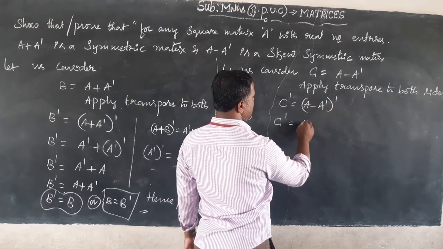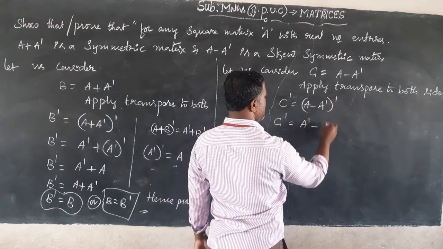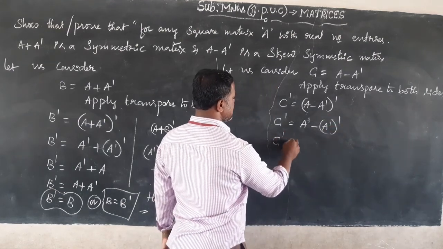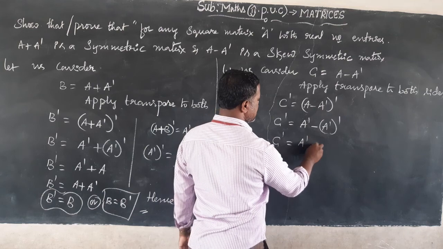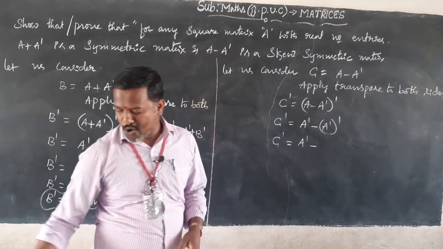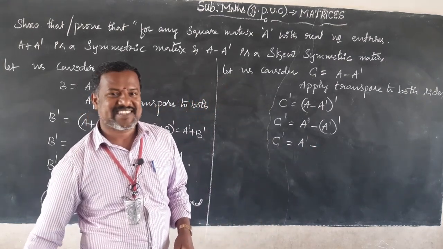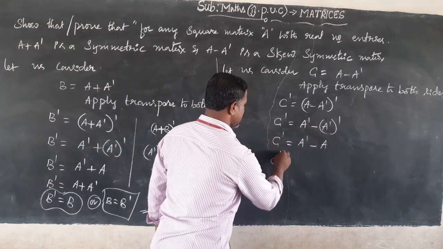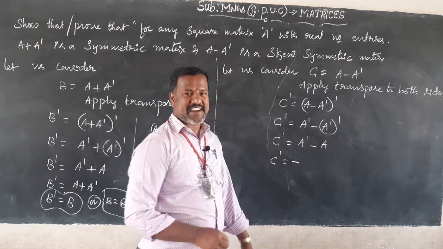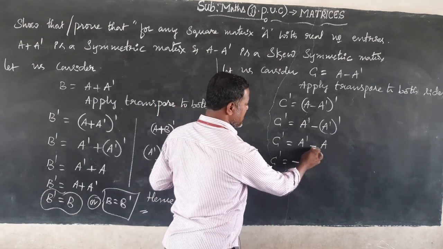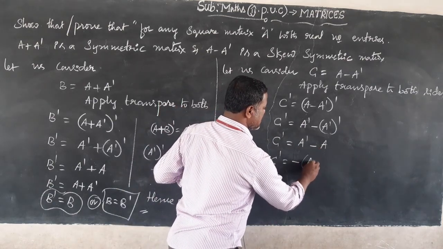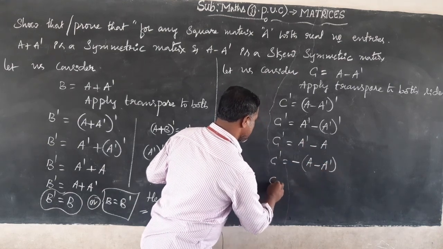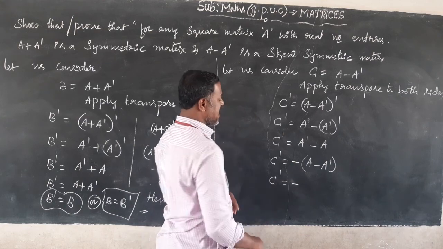Apply it on A, A dash; apply it on A dash, A dash whole dash. Let us write C dash as it is, A dash as it is, minus, as we know, A dash whole dash is nothing but A. So let us take minus as a common factor. Now minus will become plus, plus will become minus. Let us take C dash as it is, minus as it is.